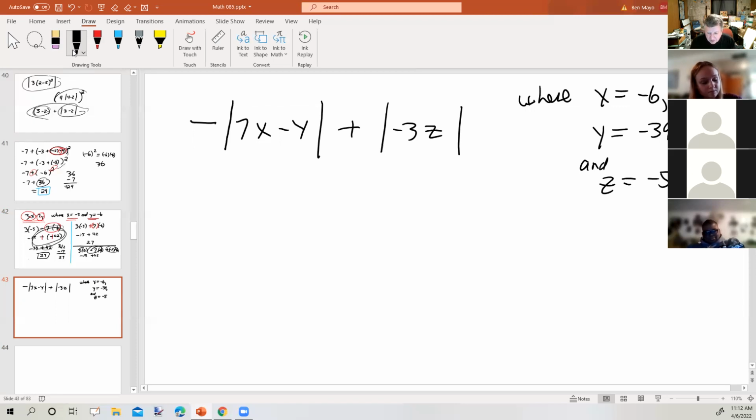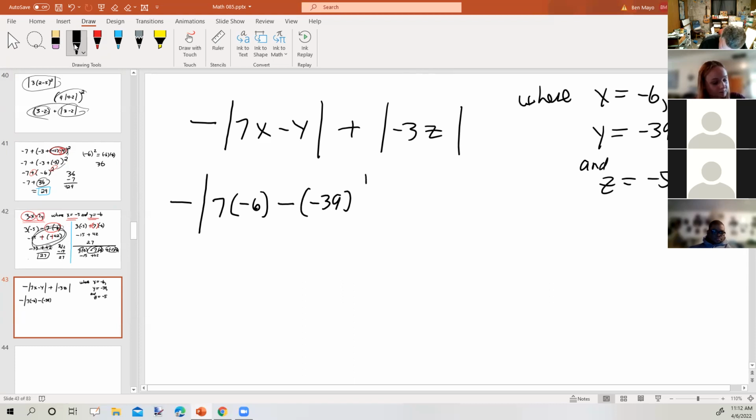Again, anytime we make a substitution and replace a variable with a number, we're going to put parentheses around the replacement. So this is going to become negative the absolute value of 7 times negative 6 minus negative 39.